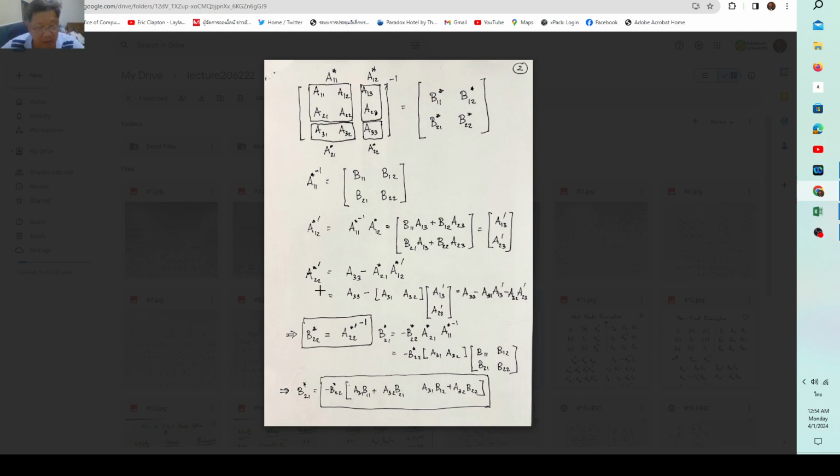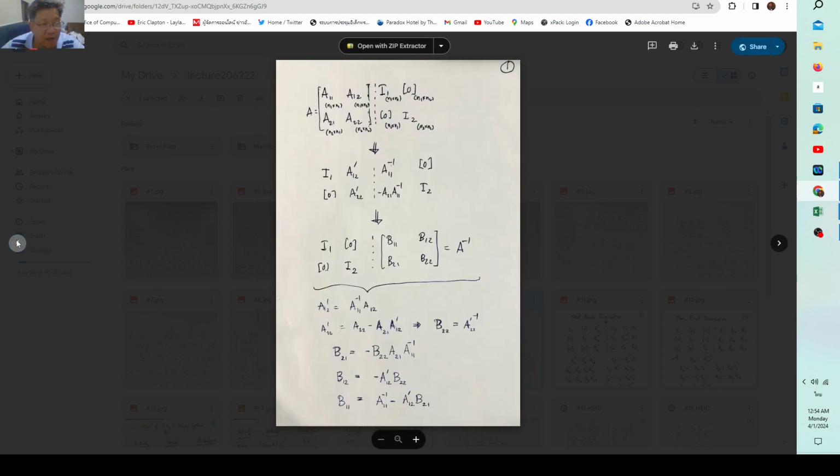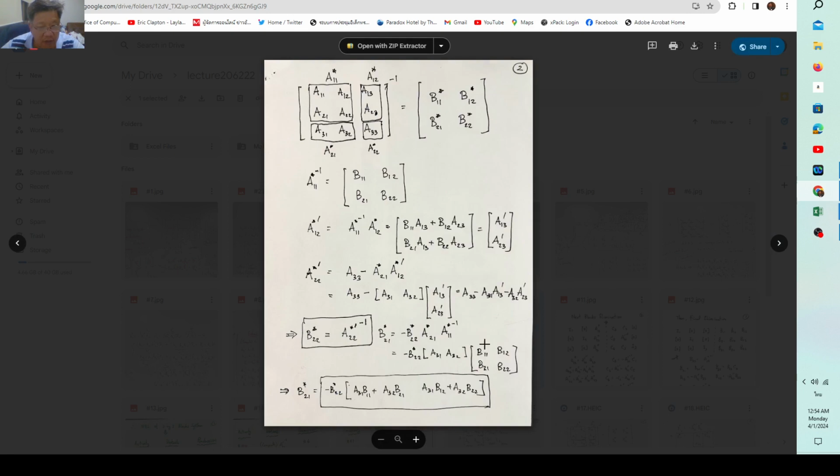Over here you get A22 prime, and now you can go back and get all the results here. You get B22 becoming A22 prime inverse, which is this matrix inverse.